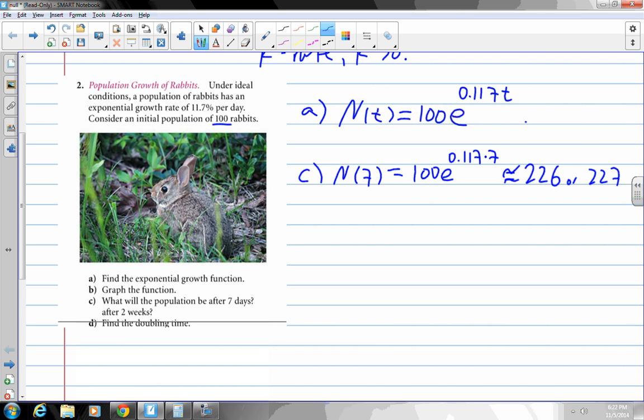Do you just round up with 0.8, or 0.8 is just not a full rabbit, so it's technically 226 rabbits. So maybe your rules of rounding don't apply to actual beings.